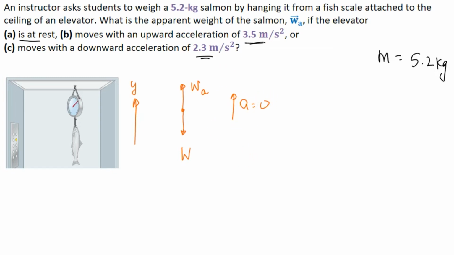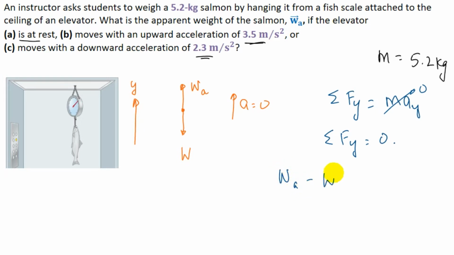Now we can apply Newton's second law of motion to calculate the apparent weight. So sigma Fy equals mass times ay, and since acceleration is 0, this equals 0. So the net force acting on the body is 0. Now the upward direction we have taken positive, so Wa minus W is the net force Fy, and that equals 0.